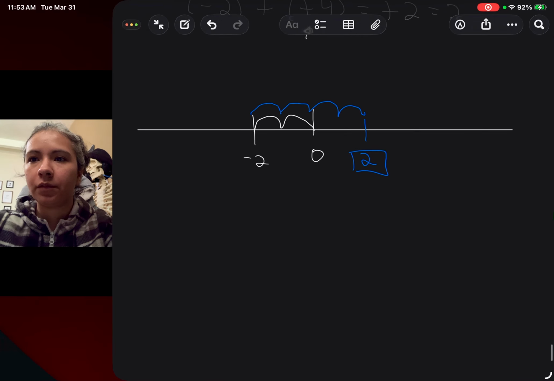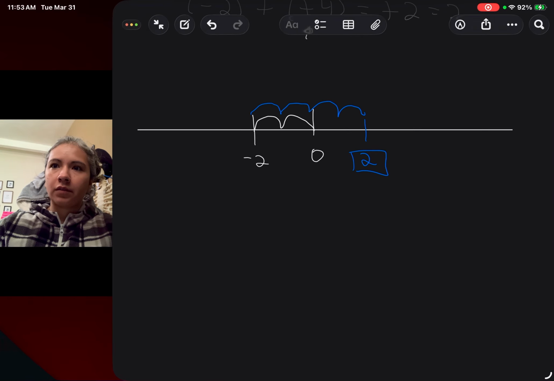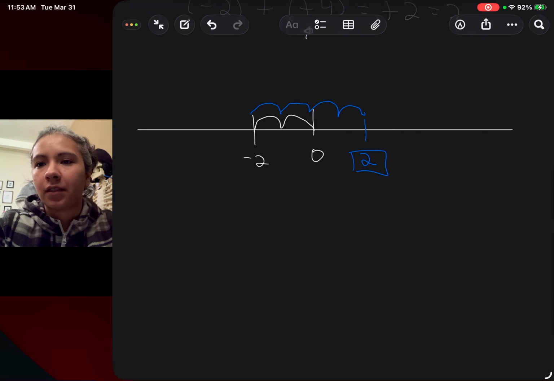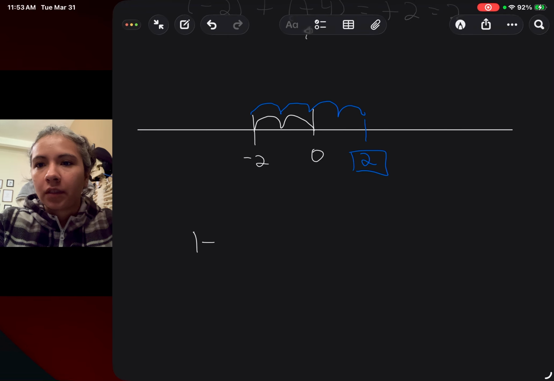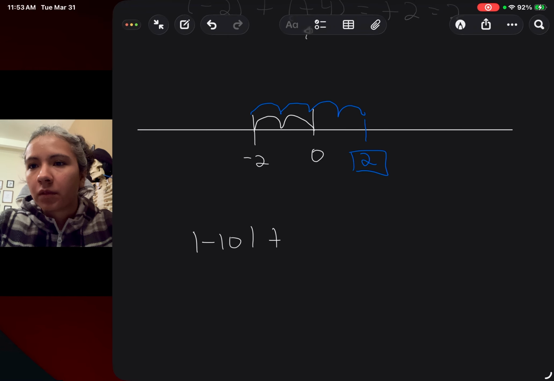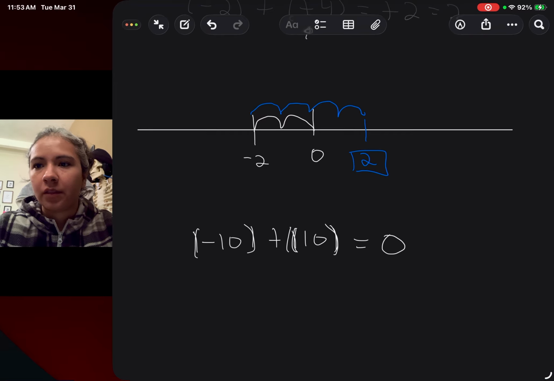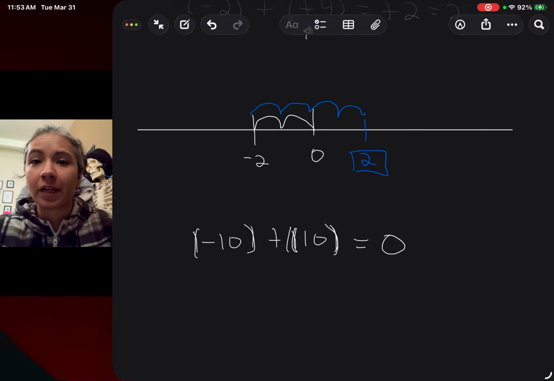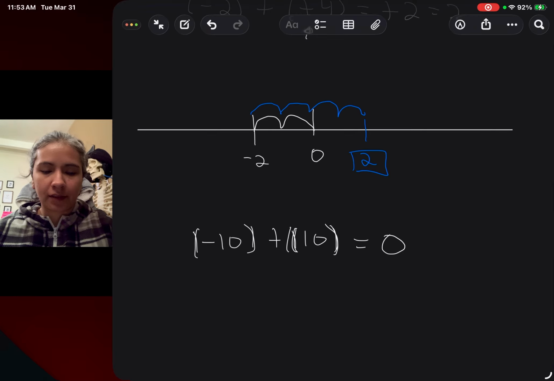Now, whenever you add opposite numbers that are exactly opposite, like negative 10 plus 10, your answer is always going to be 0, and since neither sign is bigger, 0 doesn't have a sign.